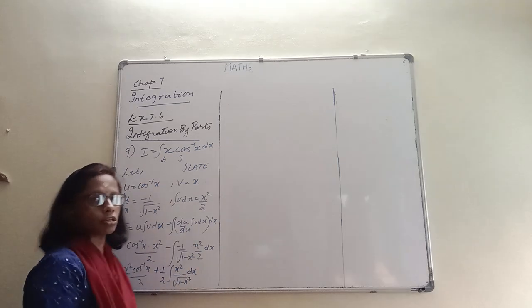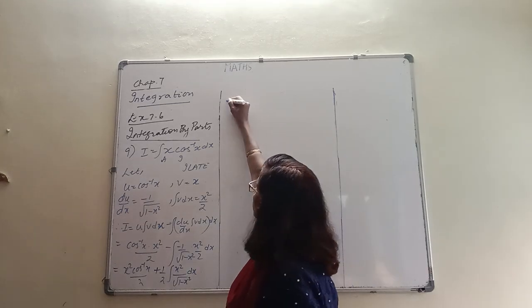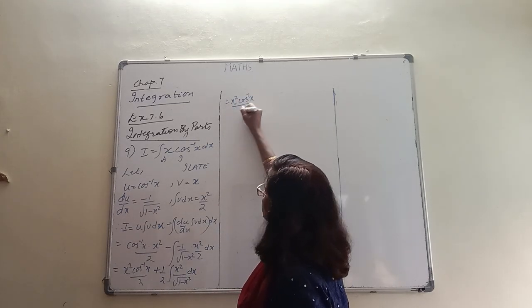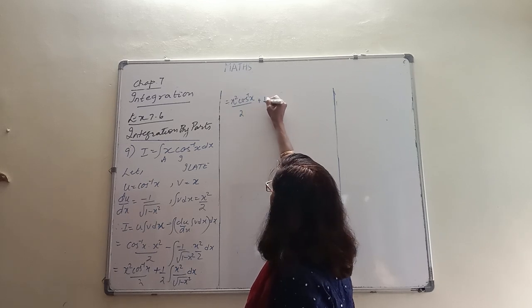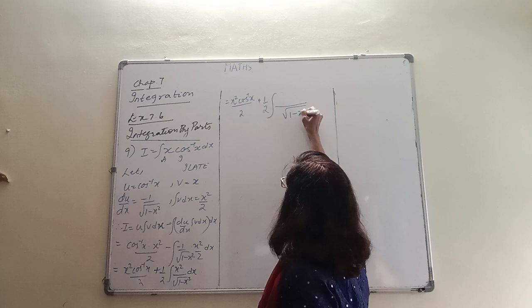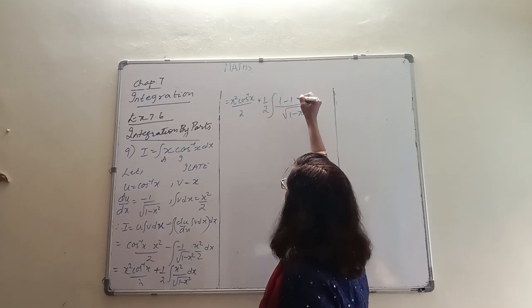Now let's see how we can solve this. The x squared in the numerator can be written as 1 minus 1 plus x squared.